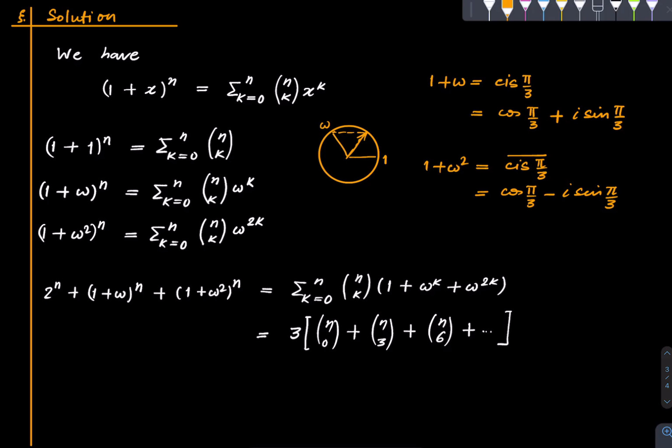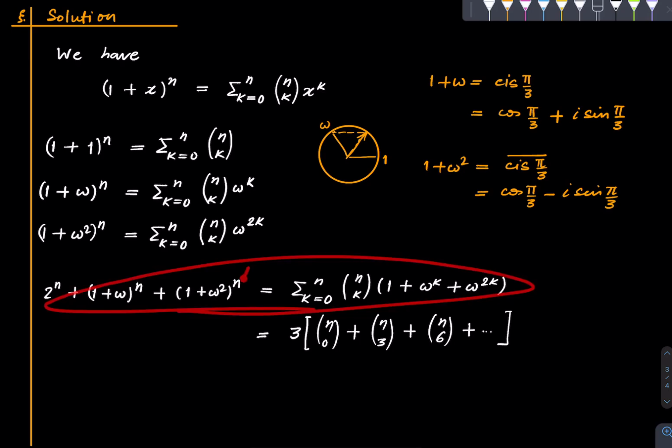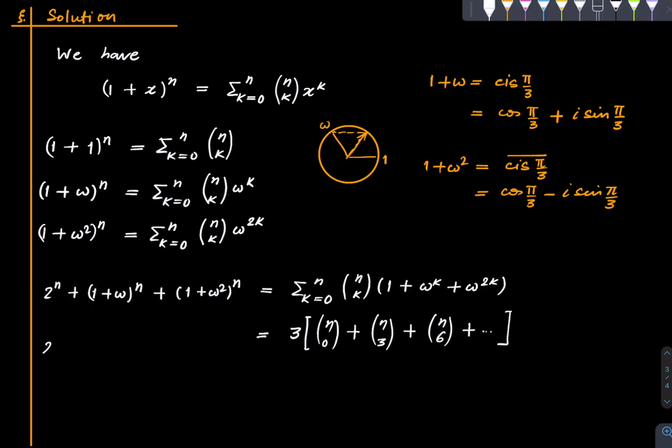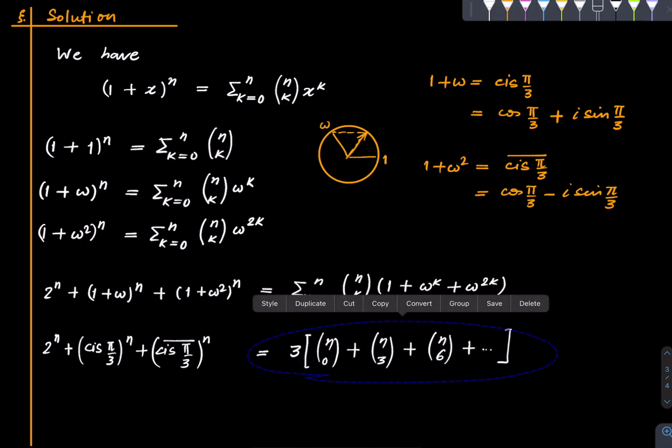All right. So on the left hand side of this equation, meaning this part, that becomes 2 to the n plus cis pi by 3 to the power n plus cis pi by 3 bar to the power n. That is equal to what we just said.